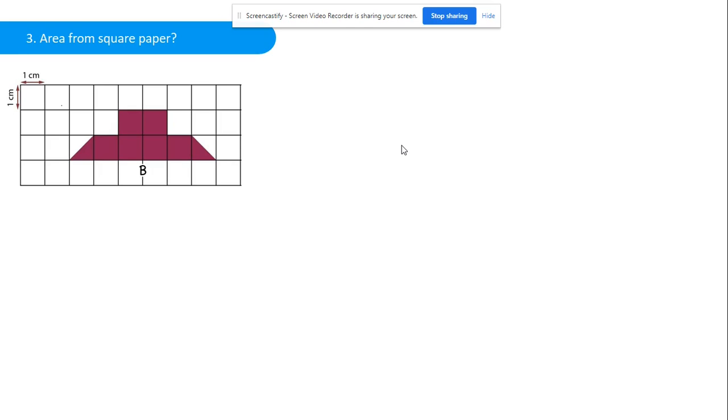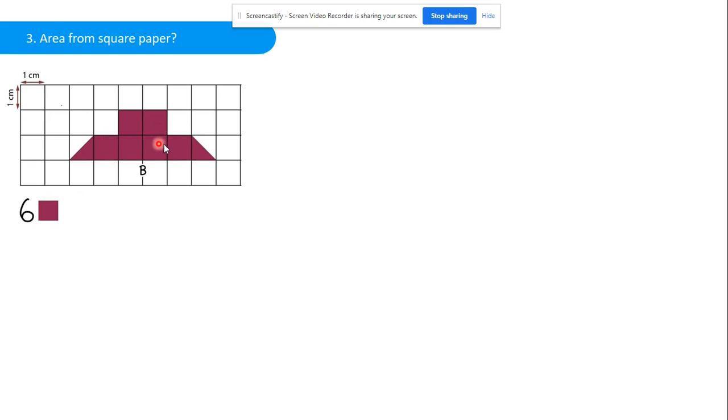So each square is worth 1 centimetre squared. So now we can find out the total area of this shape by simply counting how many squares are filled in.